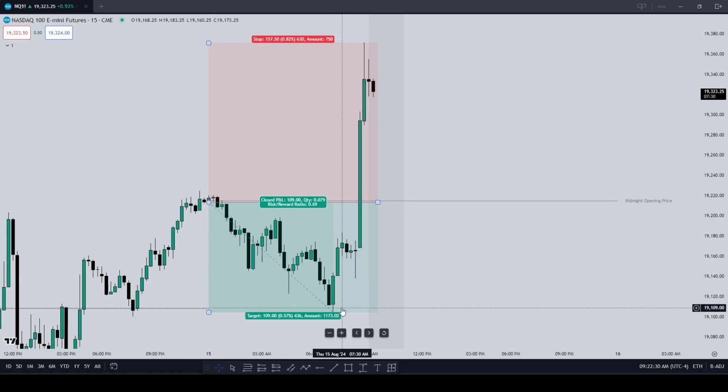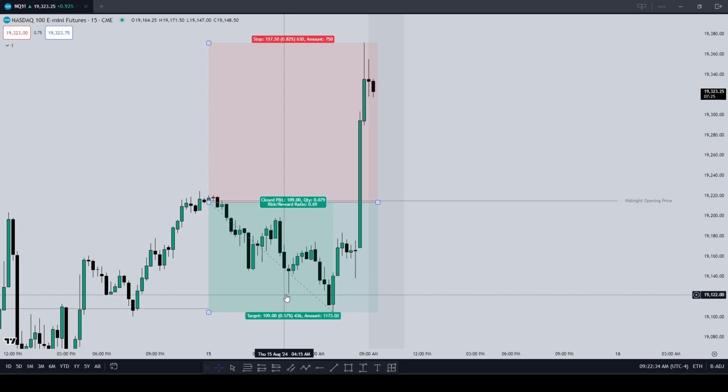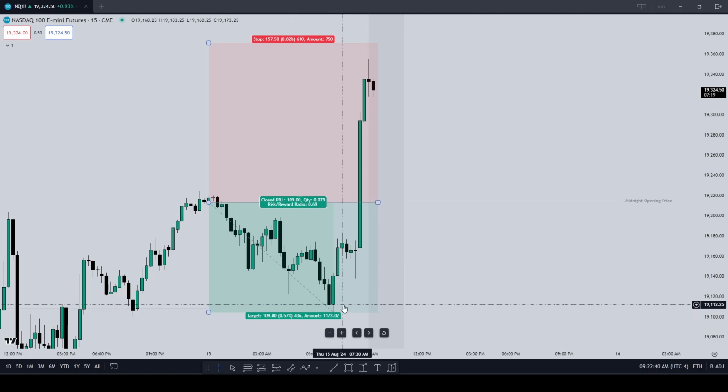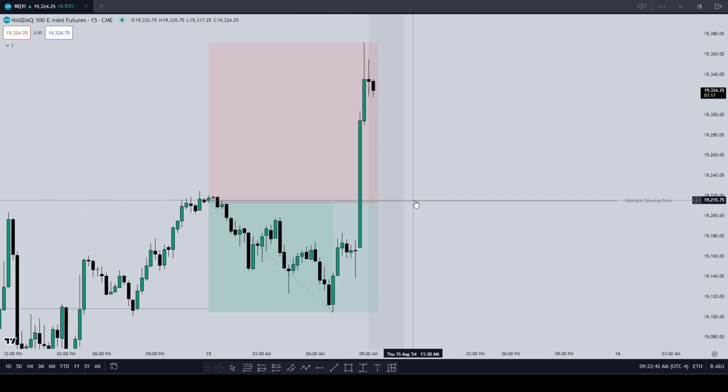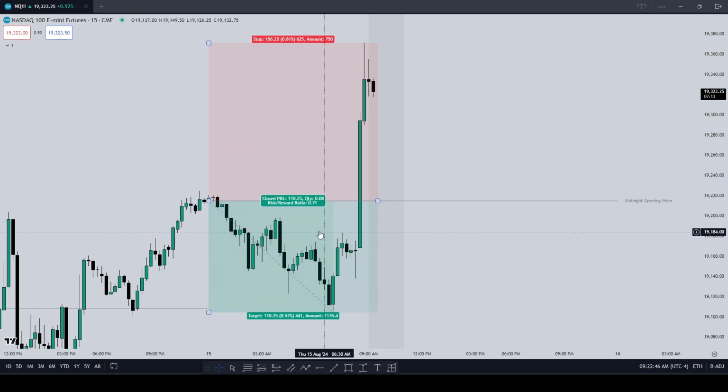And for example, here we're below, and that's going to signify we're in a discount. So smart money on the top will be accumulating shorts. Smart money on the bottom will be accumulating longs, because it goes back to the example I gave with Black Friday: if you can buy something cheaper, of course you're going to want to accumulate it and buy it up and sell it at the midnight open.